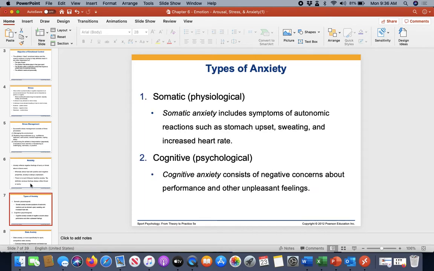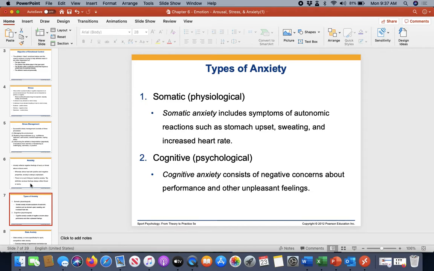All right. So what do we have here? We have two different types of anxiety. We have somatic and we have cognitive. Now, somatic means with a physiological approach. Now, don't think just movement. We're talking about anything physiological within the body. Cognitive is more mental. It's more about the feelings, more about the mindset. Okay, so like it says here, somatic anxiety is like the reactionary stuff.